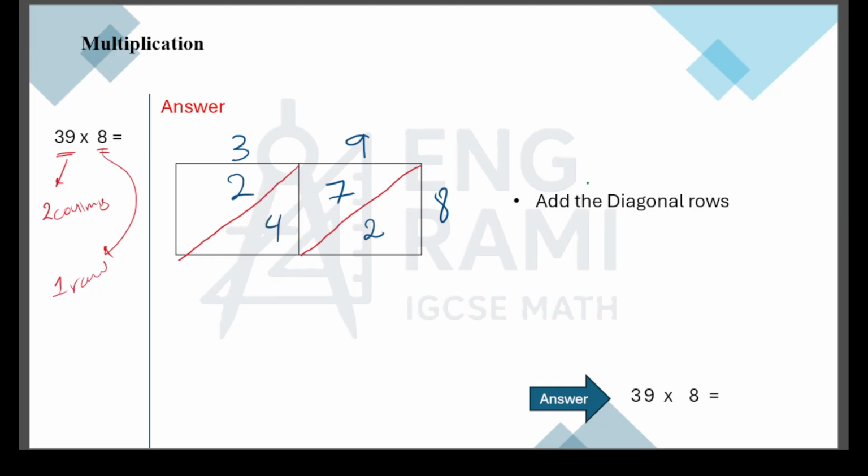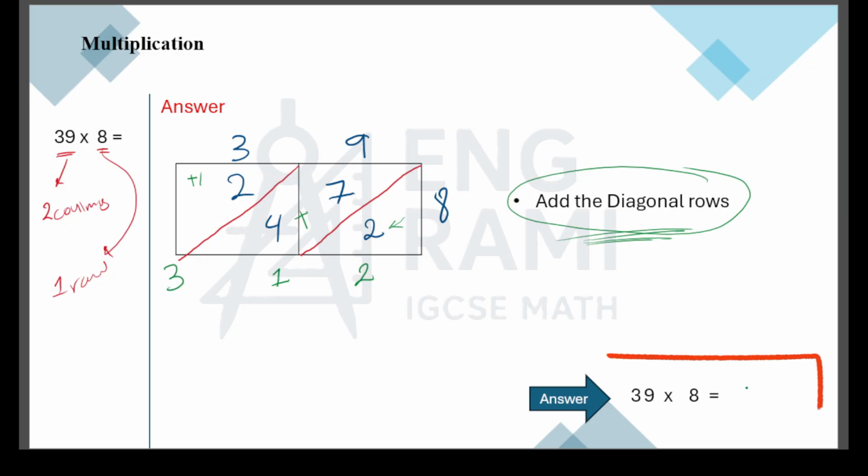Then we have to add the diagonal rows: 2, and 7 plus 4 equals 11. We add this one here, and 1 plus 2 equals 3. So the final answer, positive, since positive and positive, is 312.